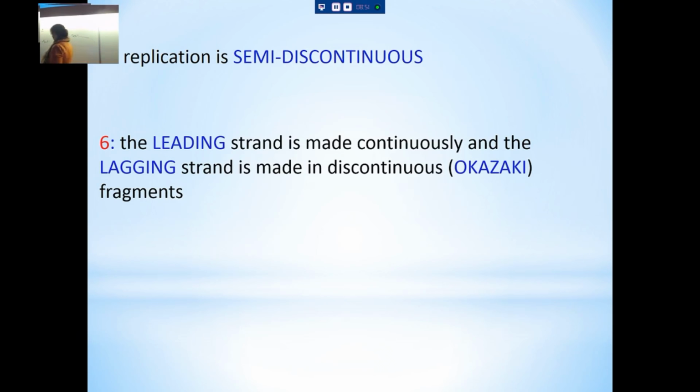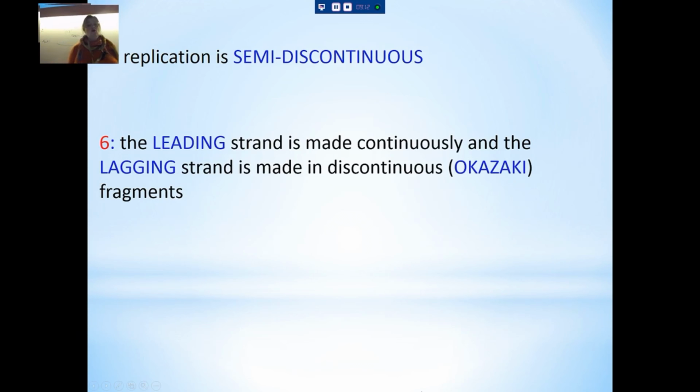So replication, we know, is semi-discontinuous, which is an odd way of saying that DNA replication at the fork occurs differently depending on the strand that is being replicated.